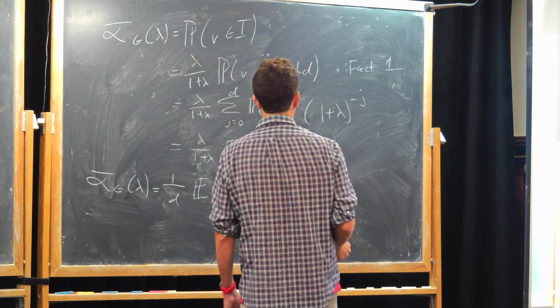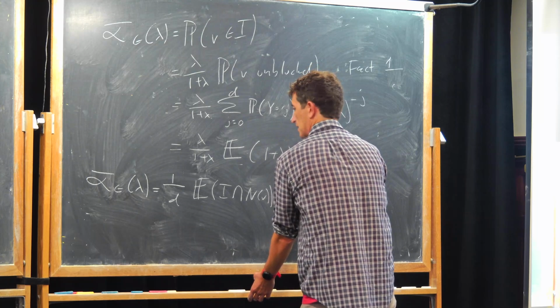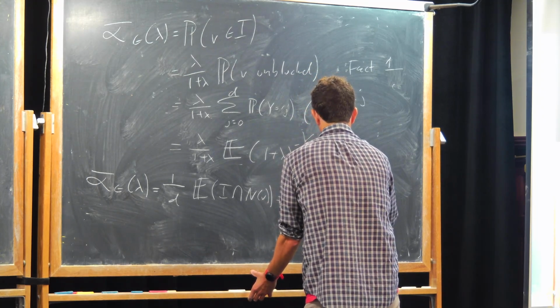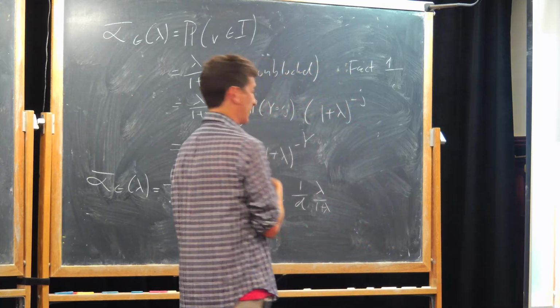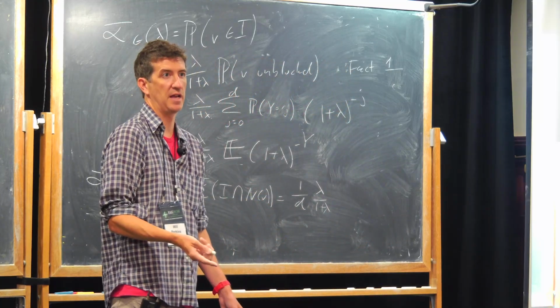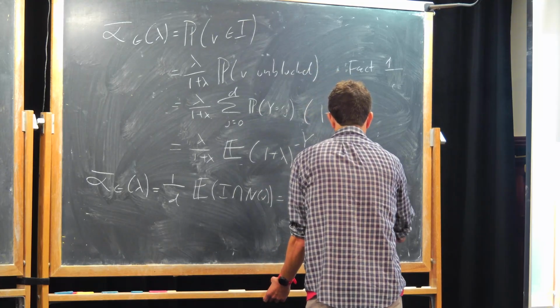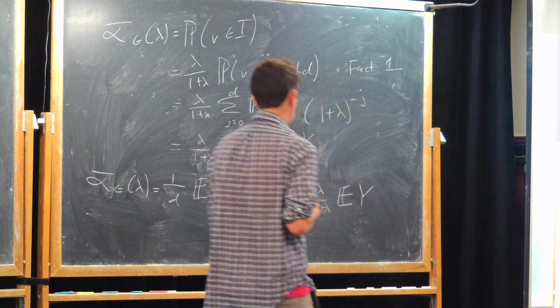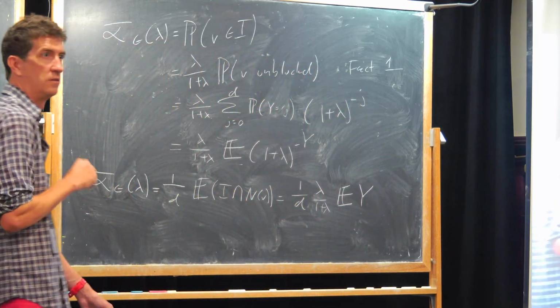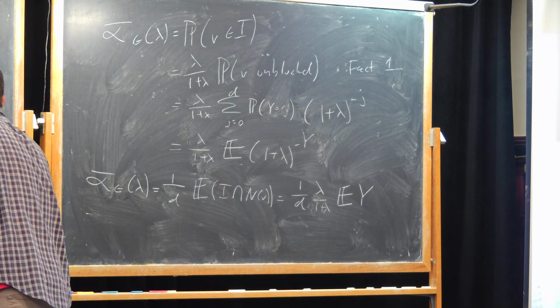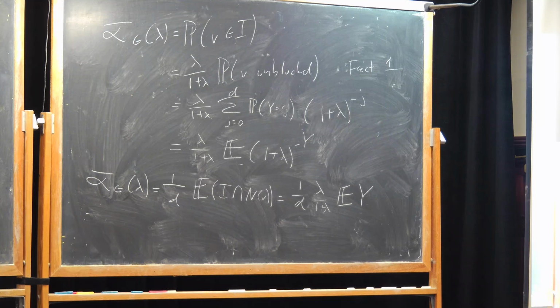But this by fact 1 is just 1 over d, lambda over 1 plus lambda, times the expected number of unblocked neighbors of V, but that's y. Okay. Good, we're almost done.